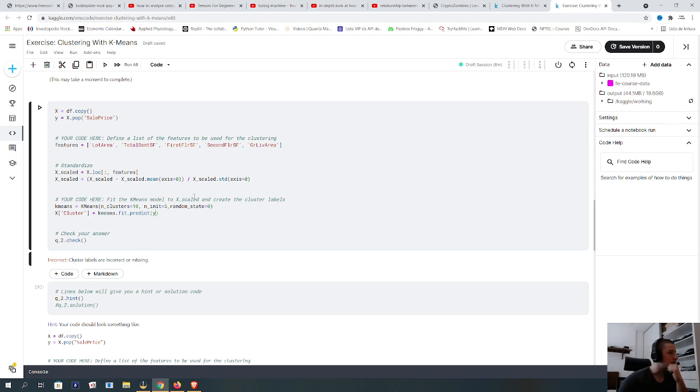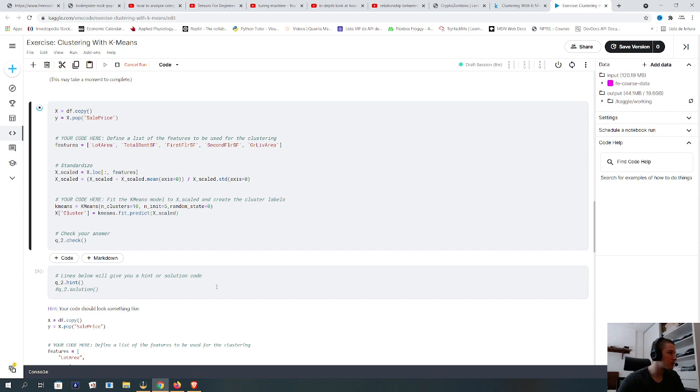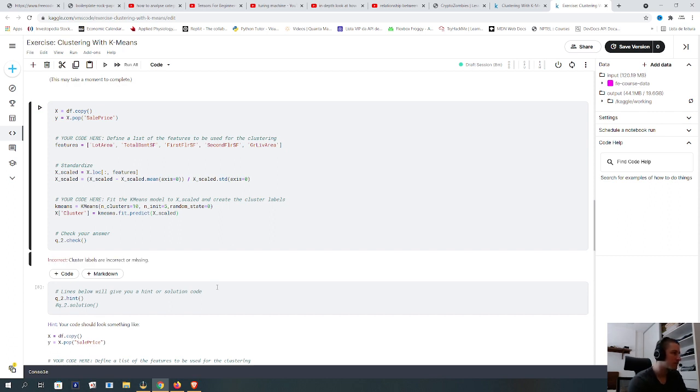Fit the K-means model, check scaled and create the cluster labels. Oh, so maybe. Well, maybe it's X scaled here. Yeah, because it's taking the features here and then it's using them here to define X scaled.